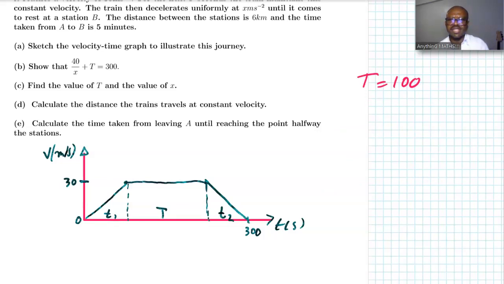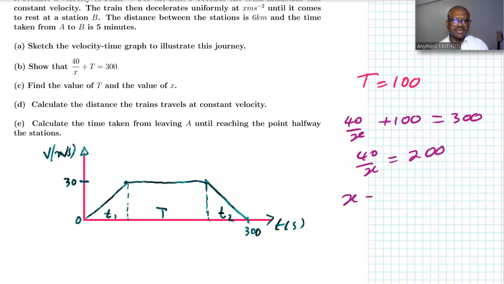T is 100 seconds, so you substitute in: 40 over x plus 100 should be equal to 300. 40 over x should be equal to 200, and x will be 40 all over 200, which will cancel to get 1 over 5. That's what x is all about.